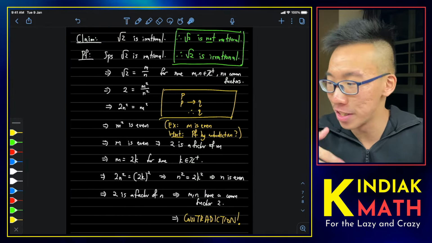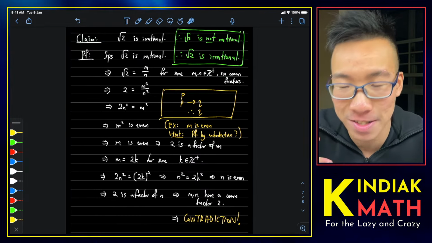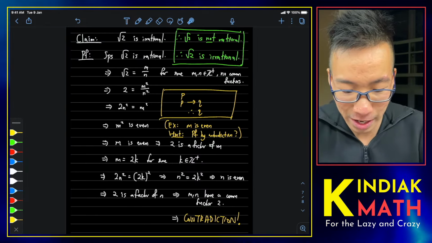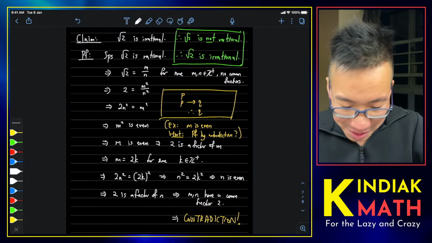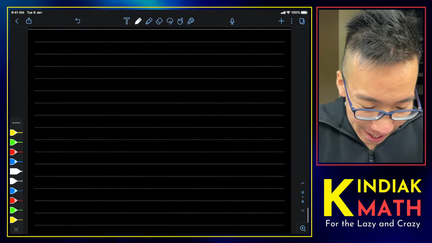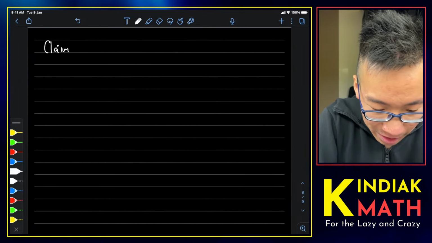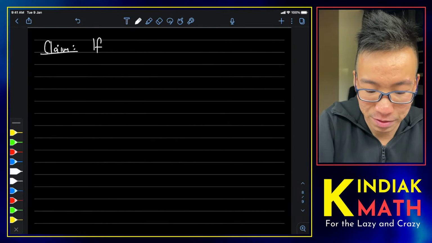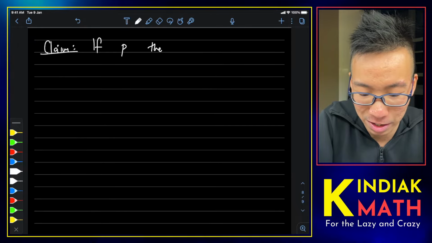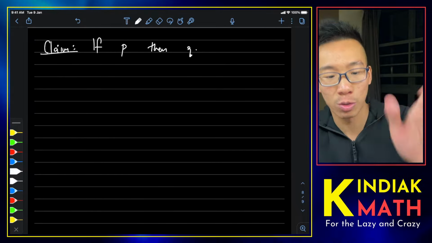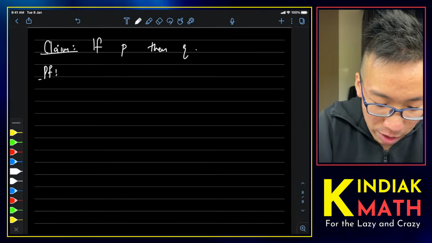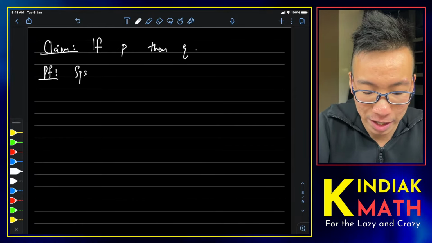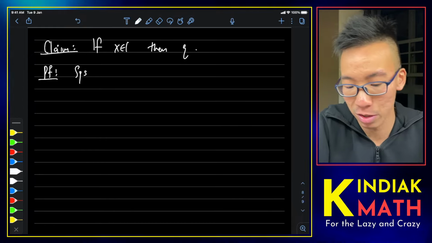There was once I did a question in math analysis. There's this really nasty claim, and we had a claim that if P then Q, and of course P and Q are really specific propositions here. For the proof, we suppose, I think, if x is a real number or something like that.